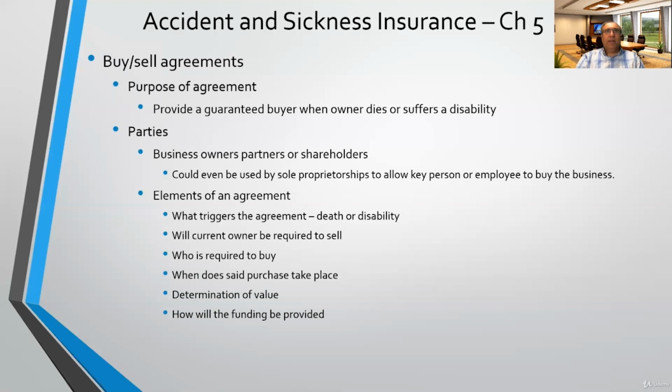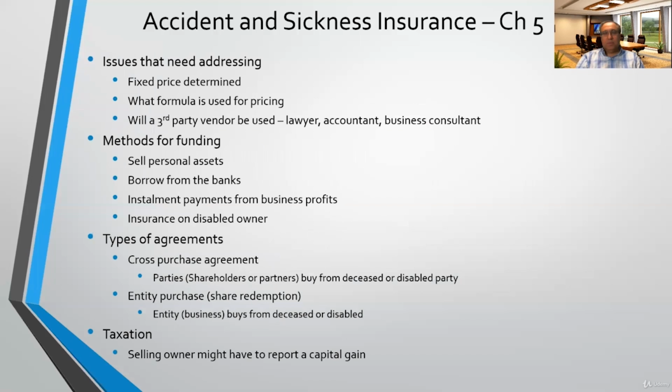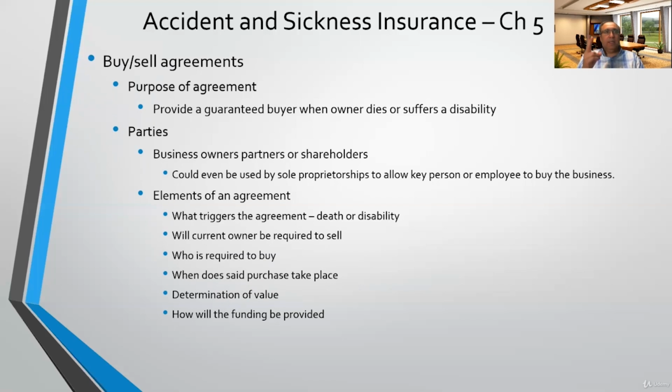Next, we talk about the buy-sell agreements. The purpose of this agreement is that we have two people, for example partners, who are going to be able to buy out each other. We already talked about buy-sell agreements in life insurance. So this is the same thing.